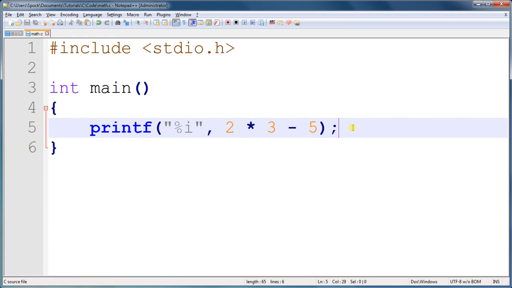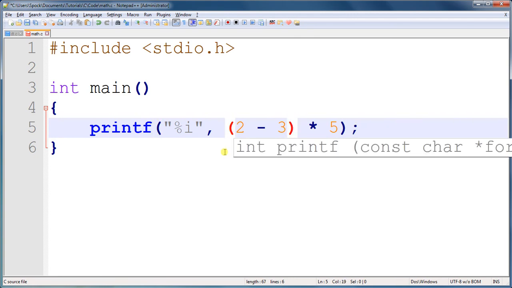Alright, and division is the same way. And it doesn't matter if it's on the left or right side. If we had 2 minus 3 times 5, it would still do the 3 times 5 first, and then subtract that from the 2. If you need addition or subtraction to be done first, you have to put it in its own parentheses.